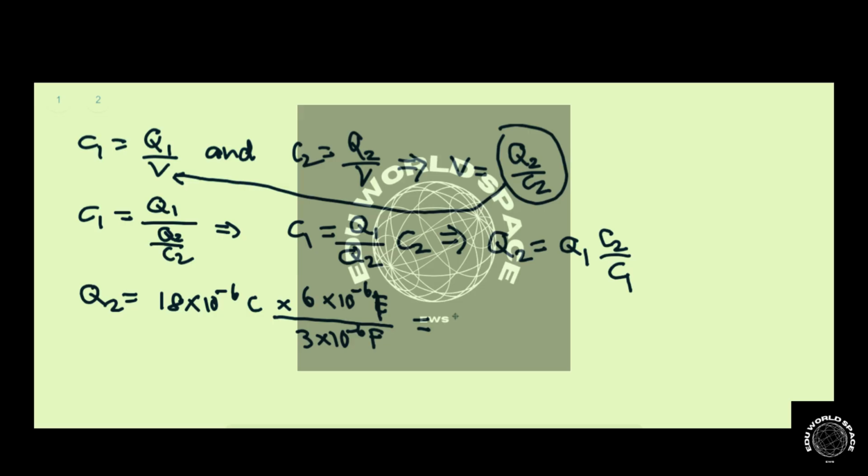And this gives 36 times 10 to the minus 6 coulombs, or 36 microcoulombs of charge. So that answers part A.